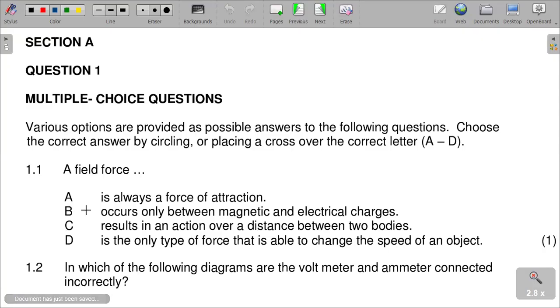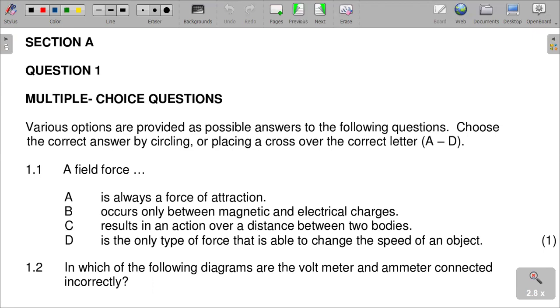Number one: a field force dash. If you can, refer to our notes on the channel, I did these types of forces. They are posted also. So for the sake of revision, I'm not going to take more time. Let's quickly answer the questions, and additional notes and explanations will come separately because the paper is long. So we need to cut it short. A field force: A, is always a force of attraction.